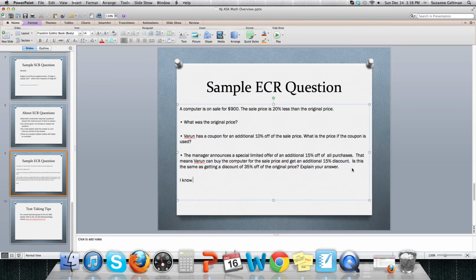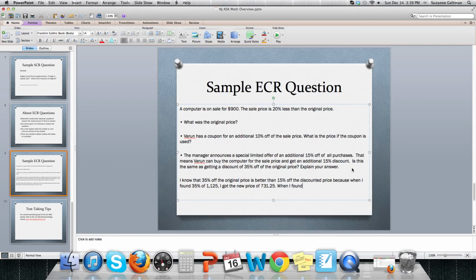You can say, I know that 35% off the original price is better than 15% off the discounted price because when I found 35% of $1,125, I got the new price of $731.25.